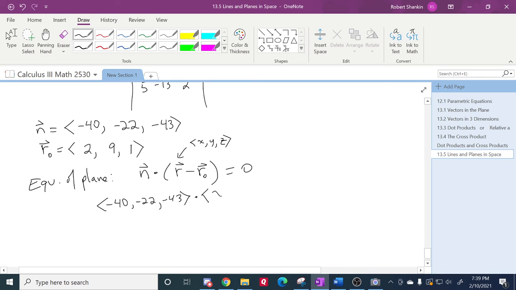So it's x minus x0. r0 is right here. But this x0 is really 2. The y0 is 9. And z0 is 1.